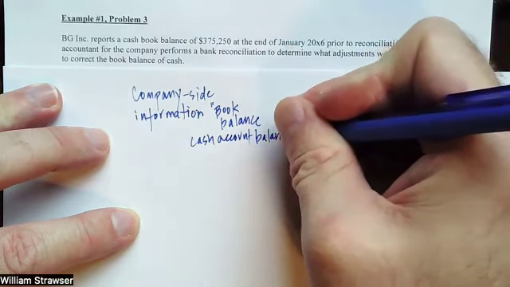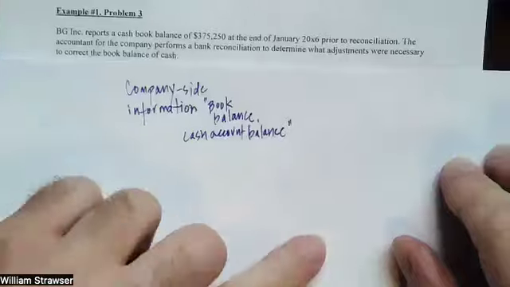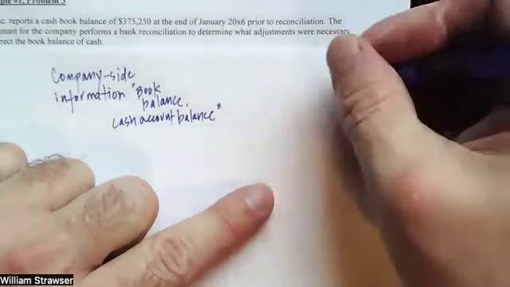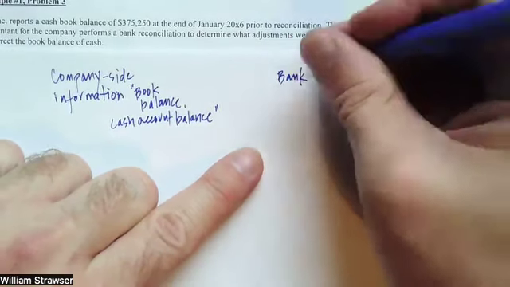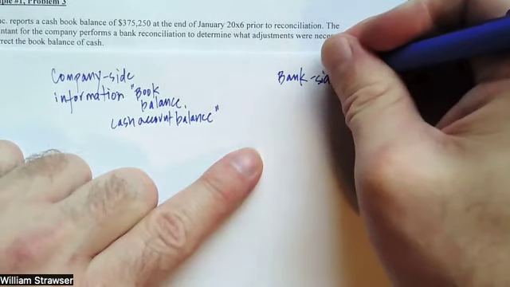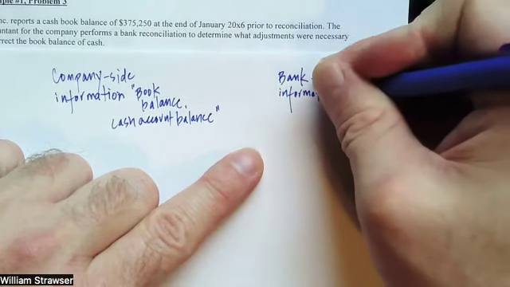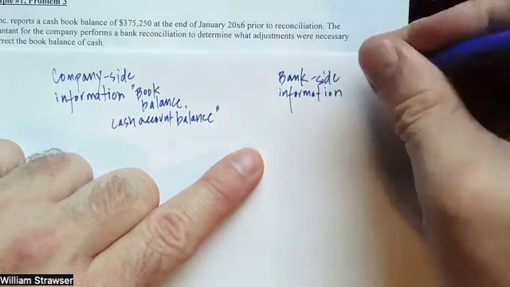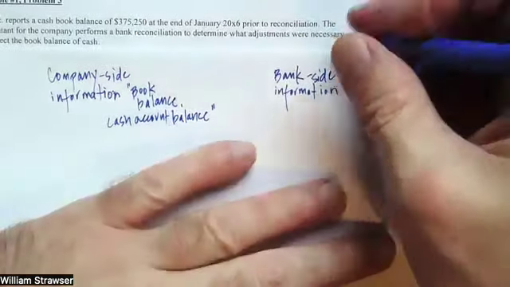This is what we're looking at from our perspective as a company. And then you have another source of information, which is the bank side. This is our bank account, and we might have multiple bank accounts. You would have to balance each of them. And usually I just call this the bank balance.